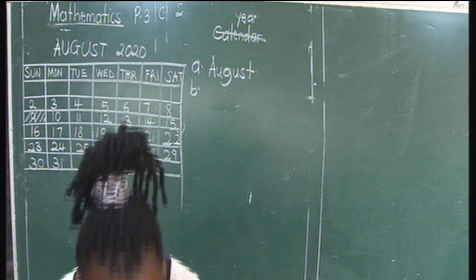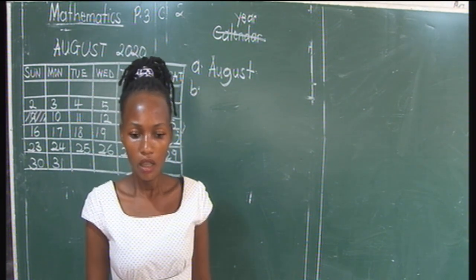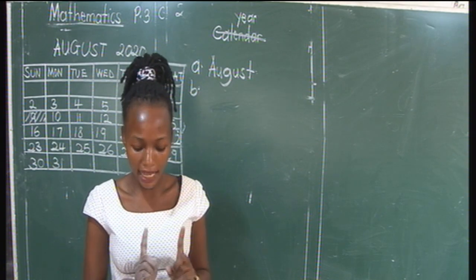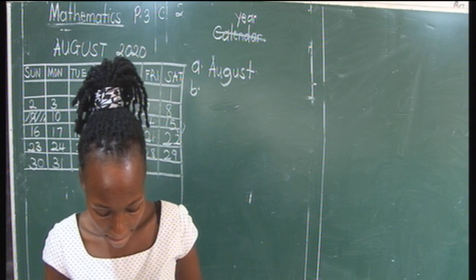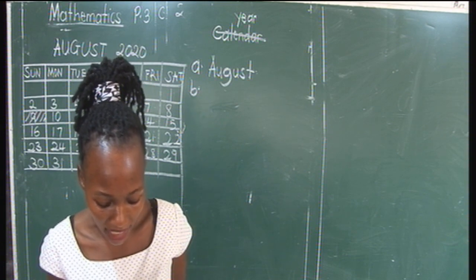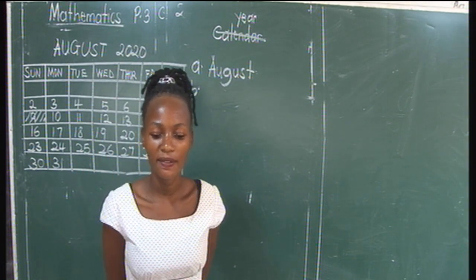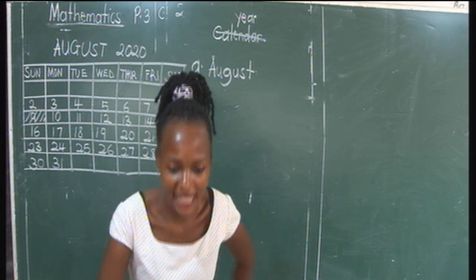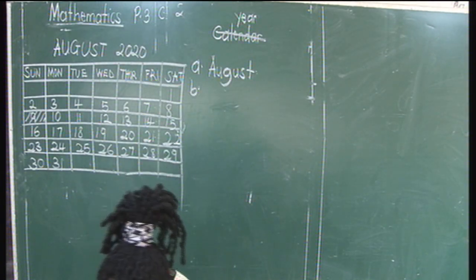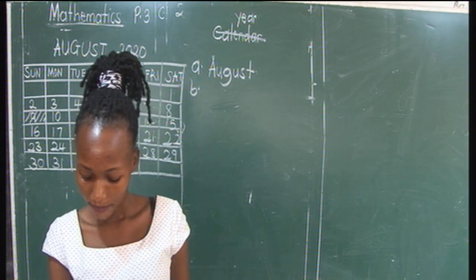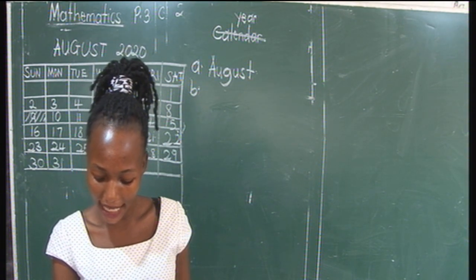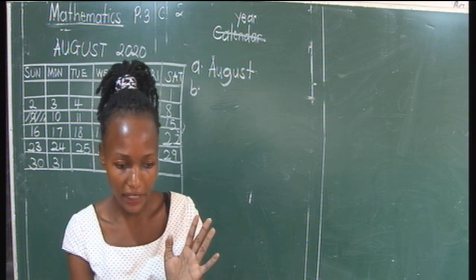Now on page 8, I'm going to point out some questions which I see are a little bit hard. Let me start with number 3. How many days has April? The months with their days are there on page 7.